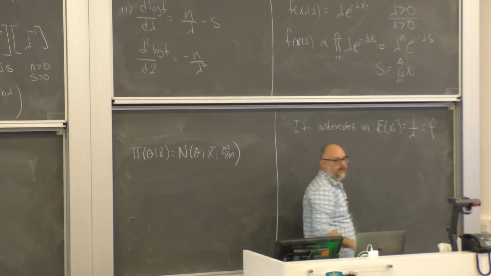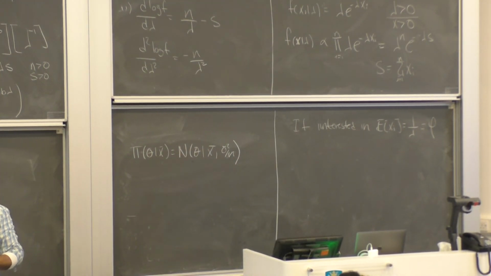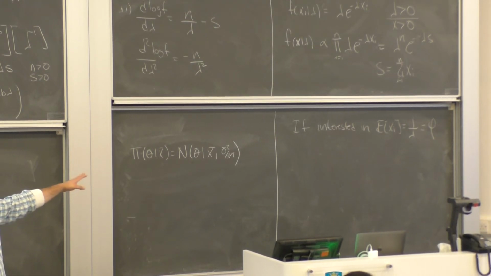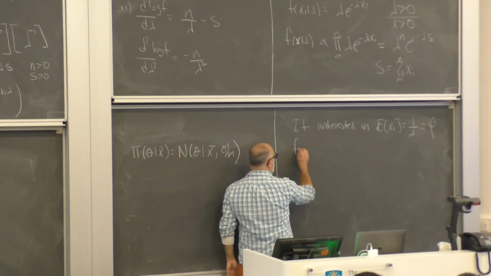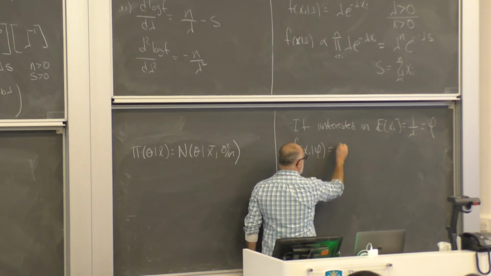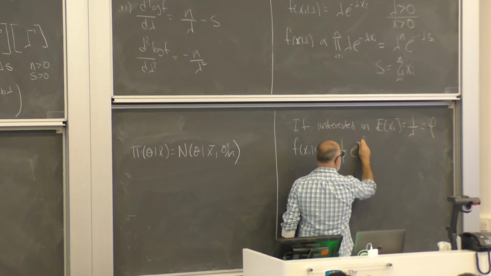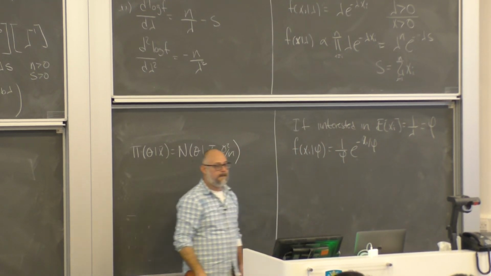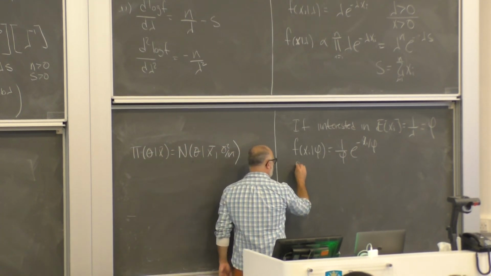Call that phi, for instance. So if I'm interested in phi instead of lambda, I can do exactly the same as what I did. First thing is f of x given phi, just reparametrizing the model, the likelihood.